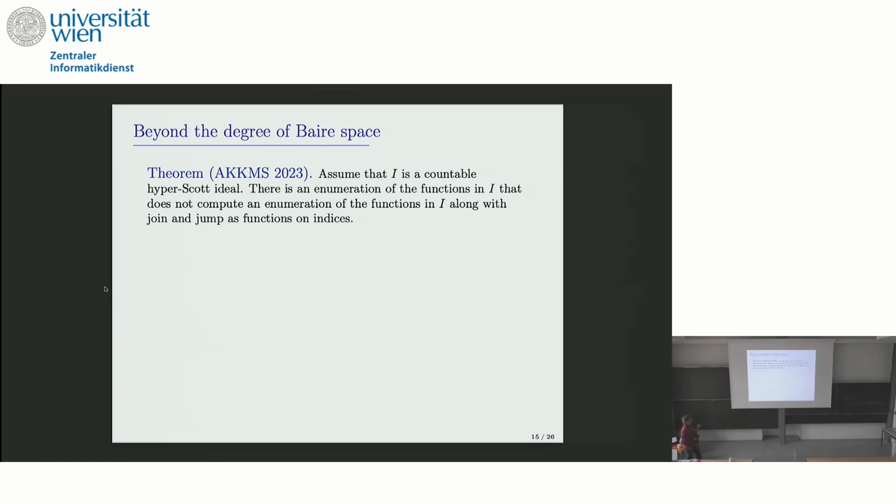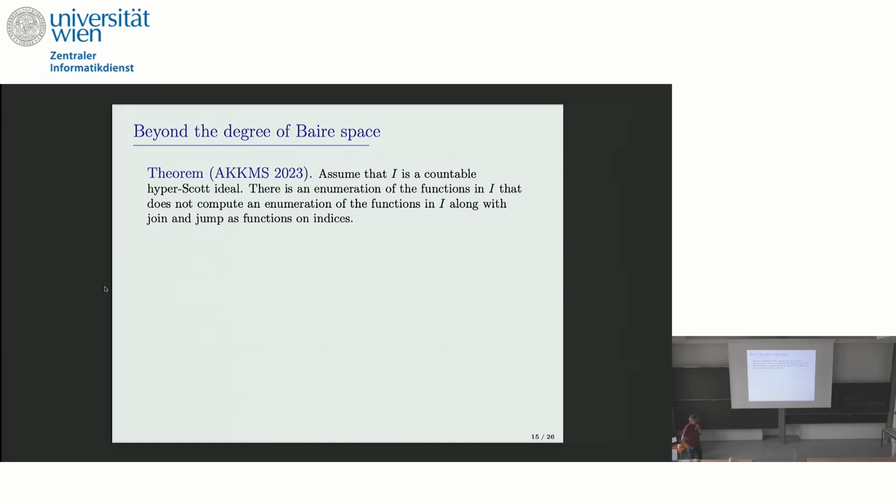So assume that I is a countable Hyperscott ideal. Then there is an enumeration of the functions in I that does not compute an enumeration of the functions, or sets, it's equivalent, in I, along with a join and jump as functions on indices. This is a more fun proof than the first result I stated, but I don't have time to give it.